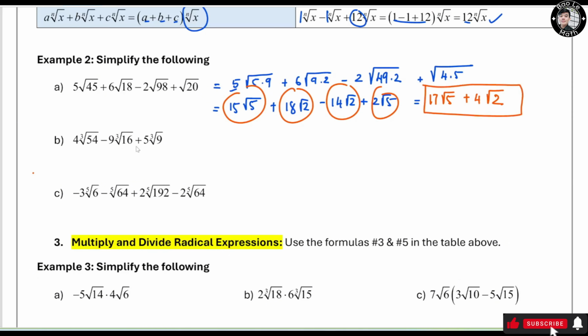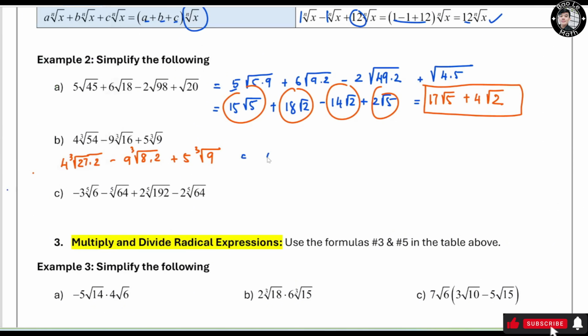Now question B. We have 4 cube root of 54 can be written as 27 times 2, right? Minus 9 cube root of 8 times 2 plus 5 cube root of 9, right?